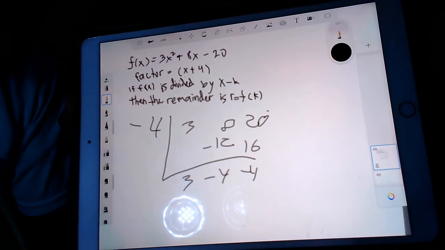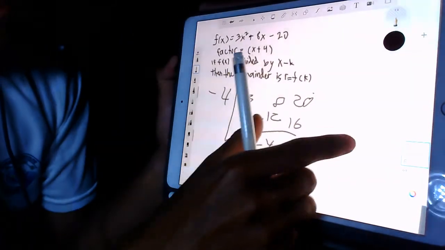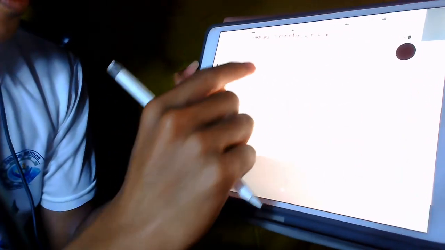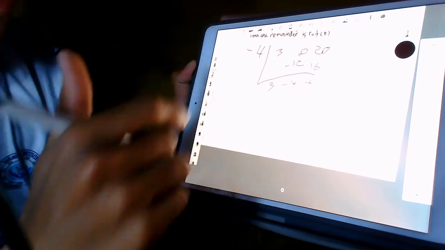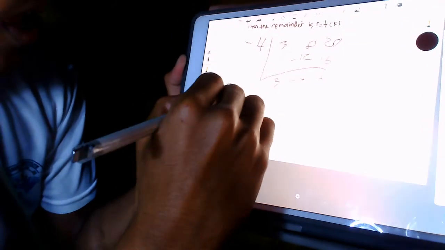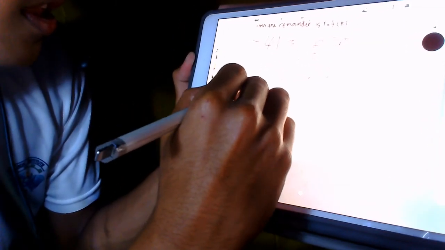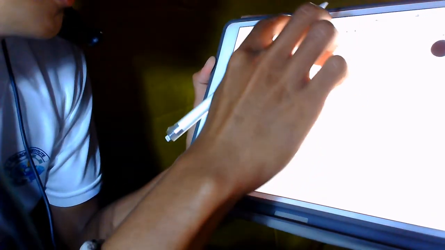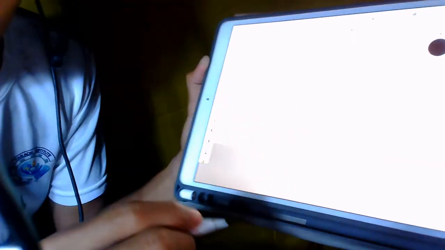So what I can do is say f of k is equal to f of negative 4, since k in this case is negative 4.